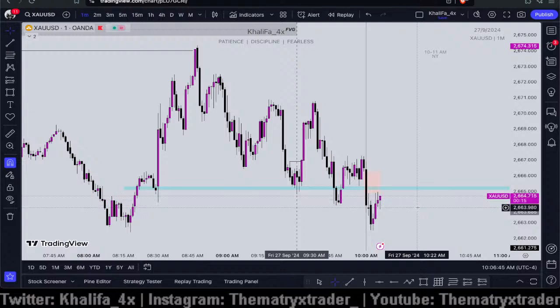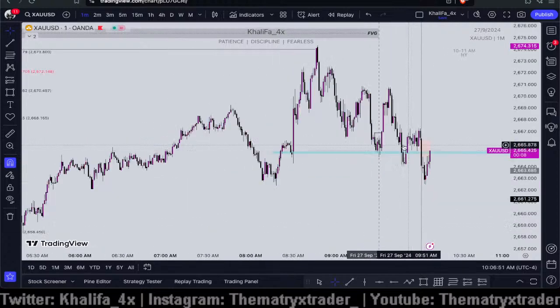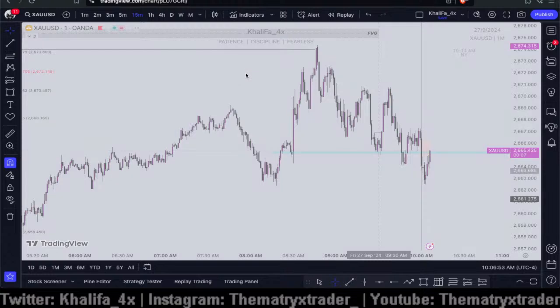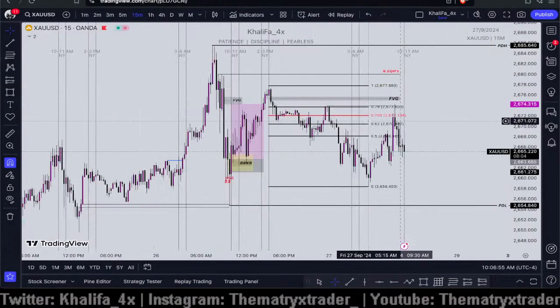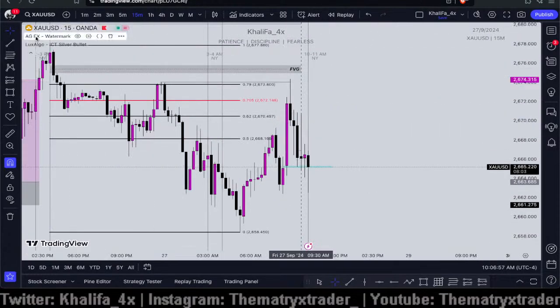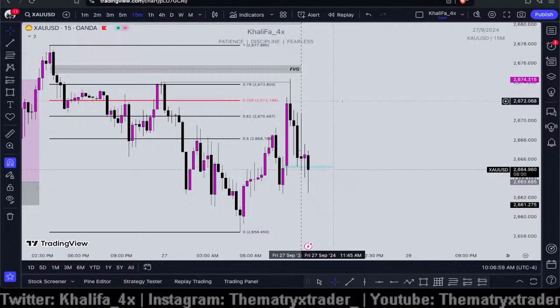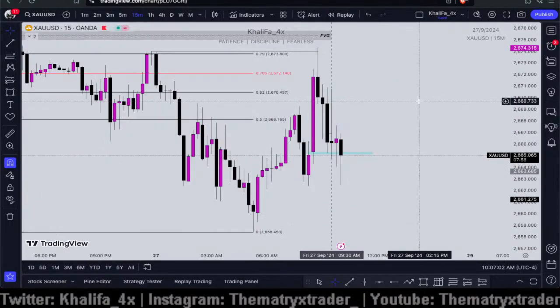This seems to me like a stop hunt. Okay, now you see what it's doing is it's actually making relative equal lows.